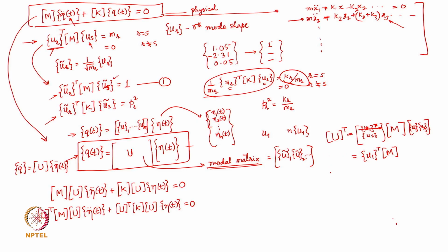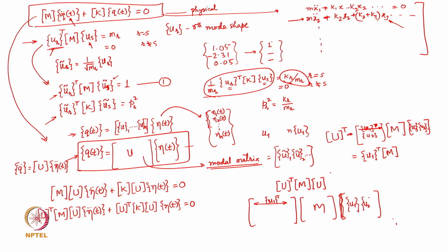So, this product U transpose M into U, all these columns are going to be like rows now. So, this is going to be U1 transpose multiplied by the entire mass matrix and this is going to be all U1, U2 and so on.